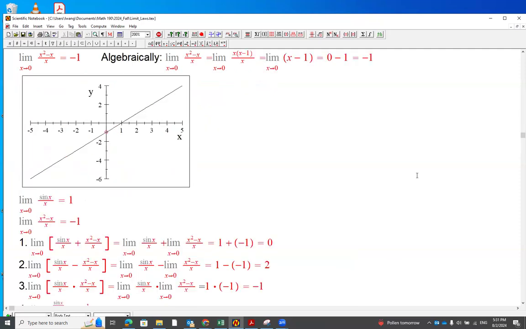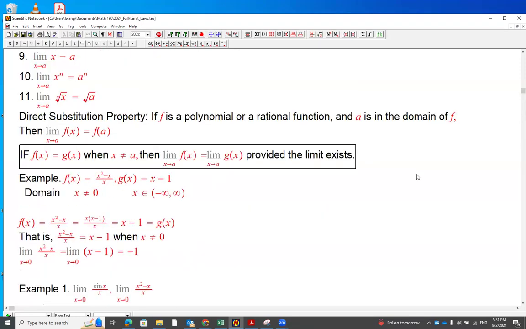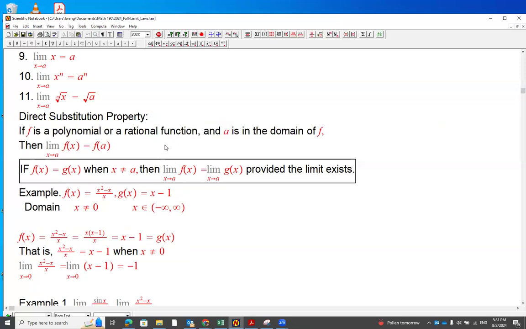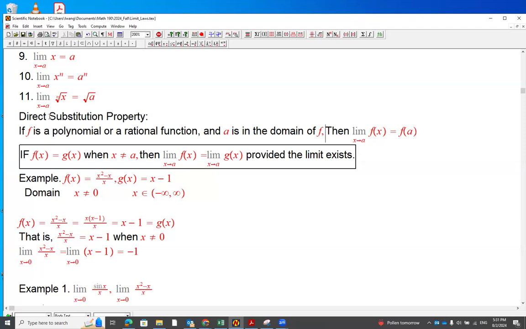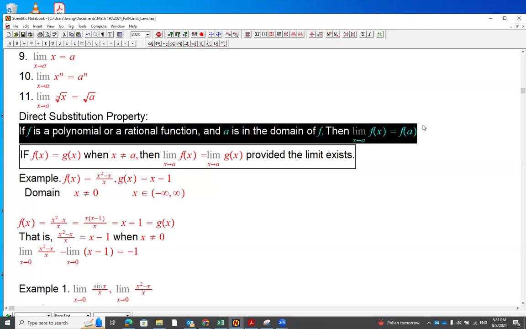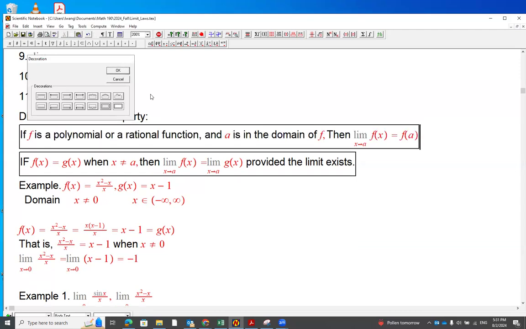Okay, we have learned all of these properties, right? Direct substitution, limit laws, and etc. I'm going to box the direct substitution because this is the one we're going to use very often as well.